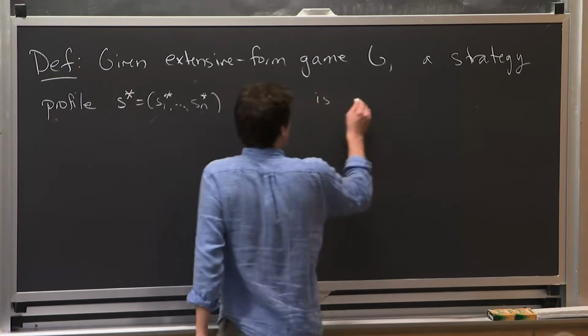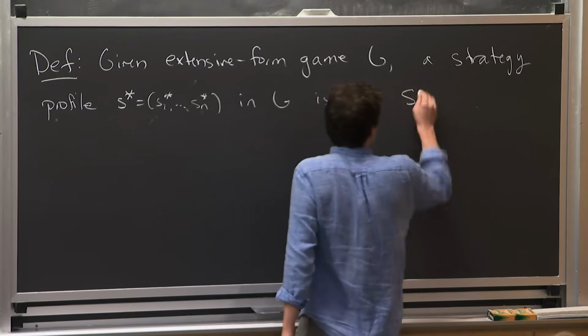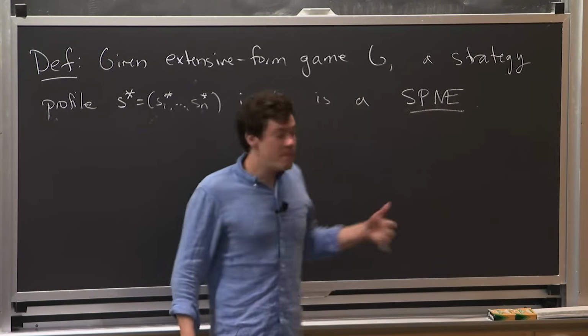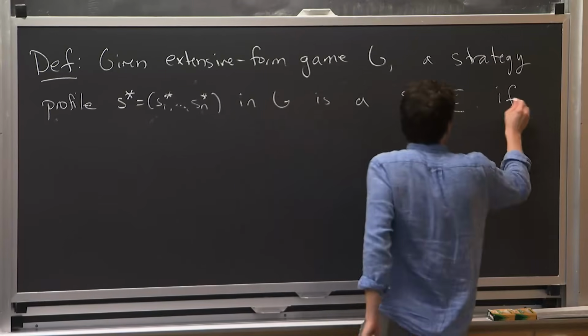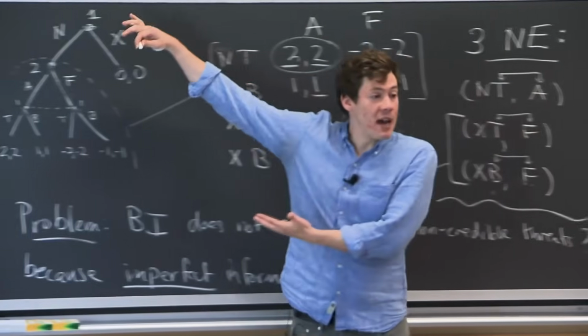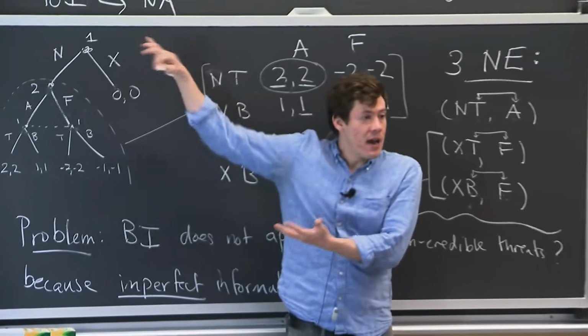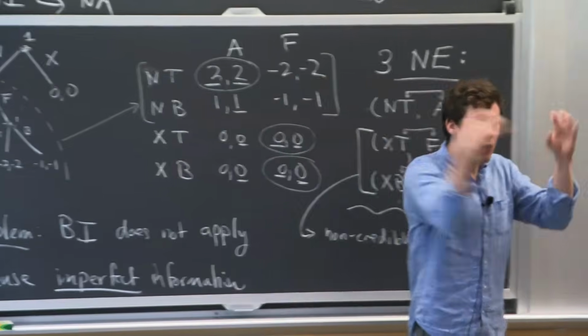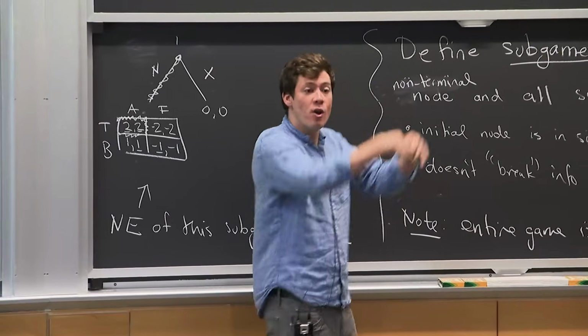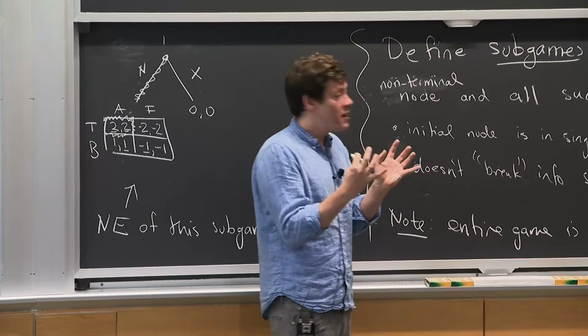Is a, maybe I'll just write SPNE, so subgame-perfect Nash equilibrium, if, well, intuitively, what do we want? We want to look at every subgame of our game, and then we want to look at our strategy profile within that subgame, and we want to check that that would constitute a Nash equilibrium within that subgame. Right?